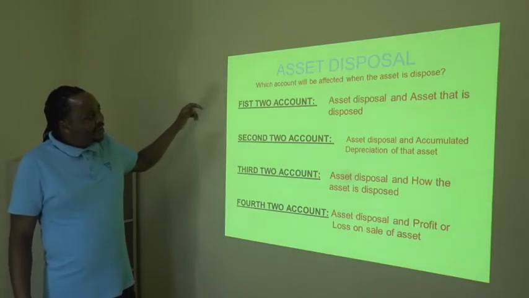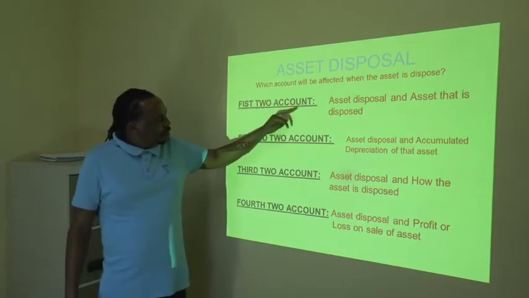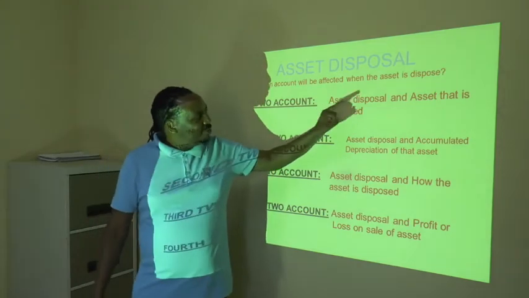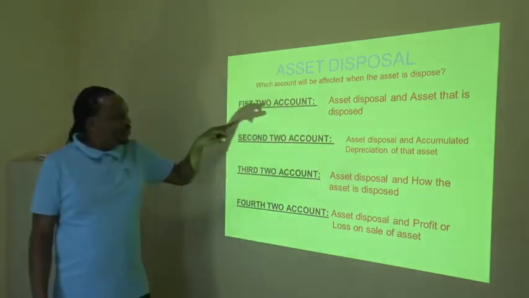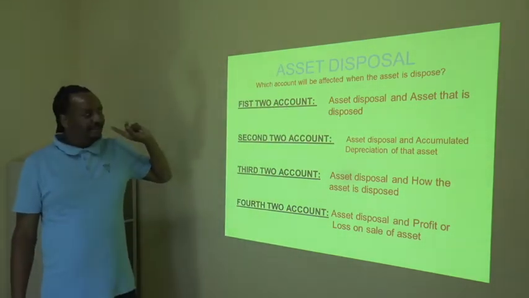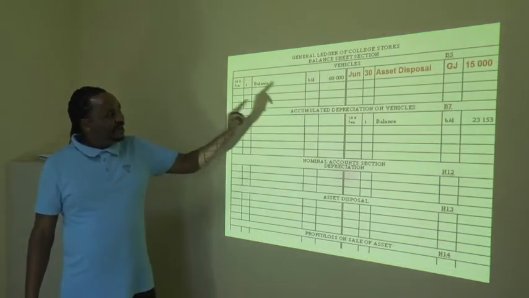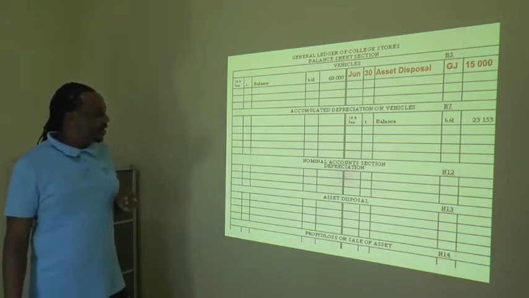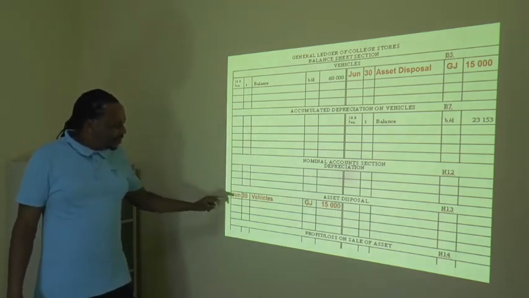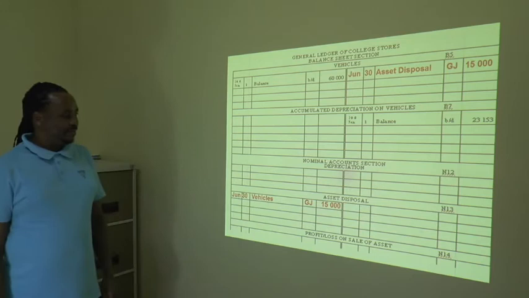Remember, I said the first two accounts that we affect will be asset disposal and the asset that we dispose. We dispose of the vehicle. That is why the vehicle is credited by asset disposal and the asset disposal is debited by the vehicle.